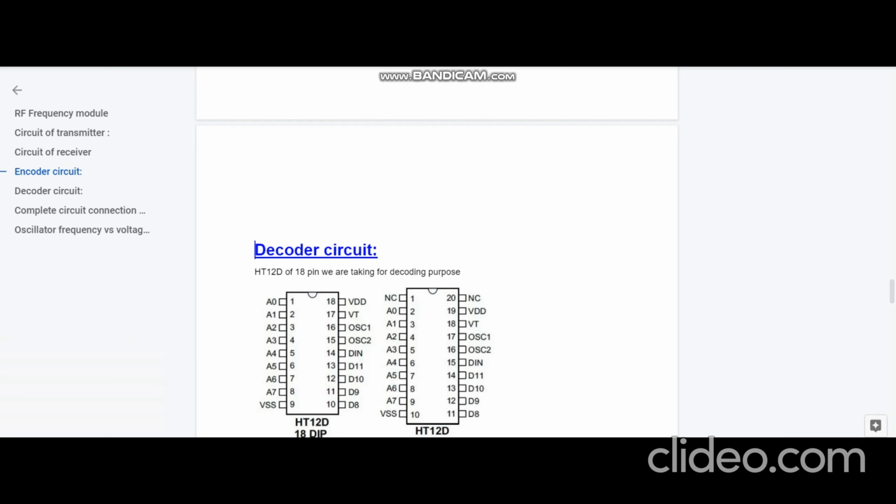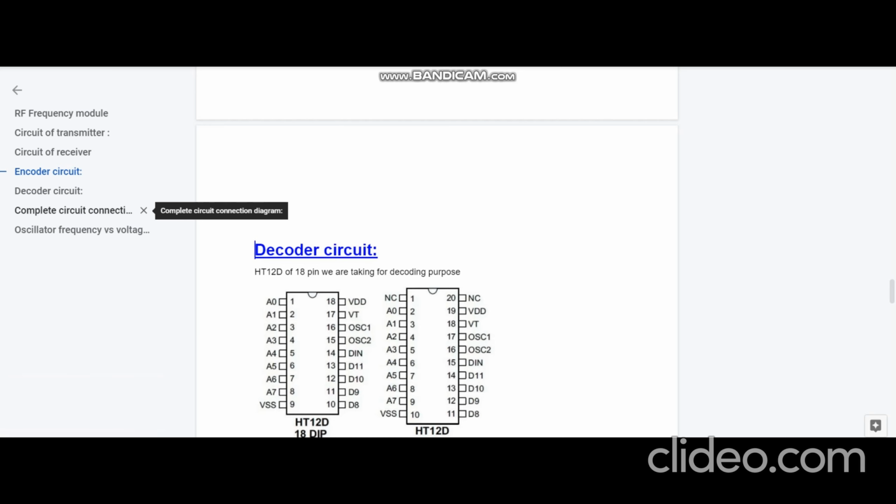D8 to D11 are the data output pins. The status of these pins can be VSS or VDD depending upon the received serial data through pin DIN. VT stands for valid transmission. This output pin will be high when valid data is available at the D8 to D11 data output pins.